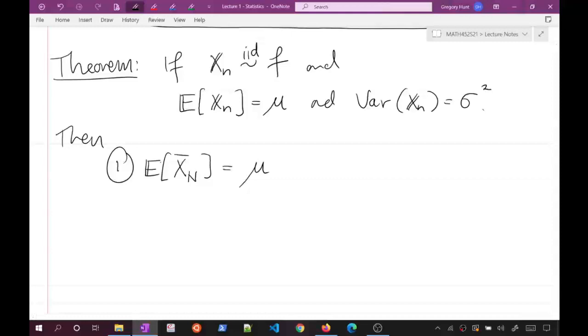And one of the properties is that if I have a random sample with some mean mu and variance sigma squared, then the expected value of the arithmetic mean of those random variables is just the same mean, mu.